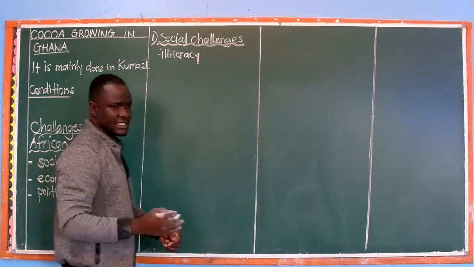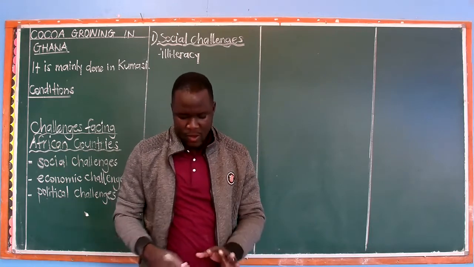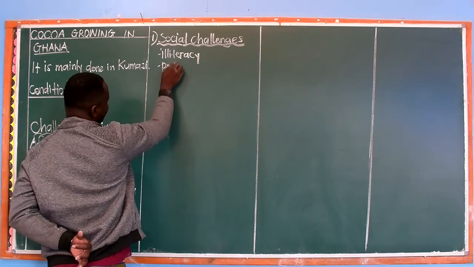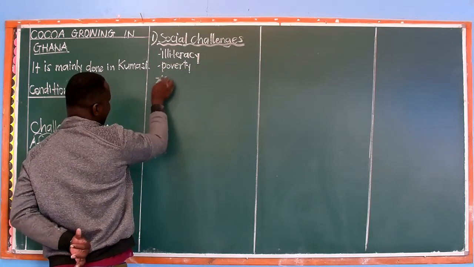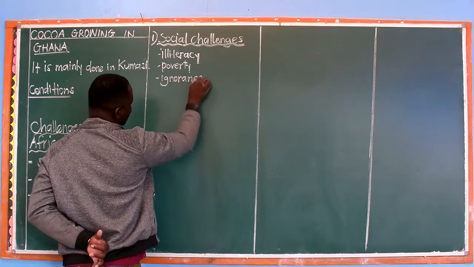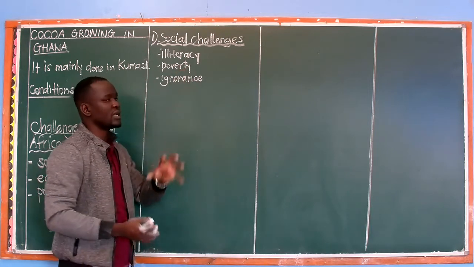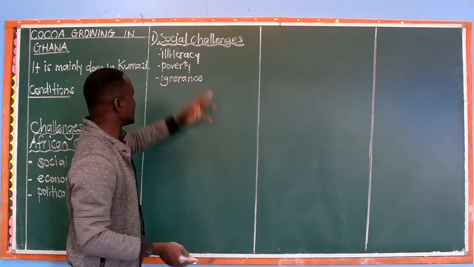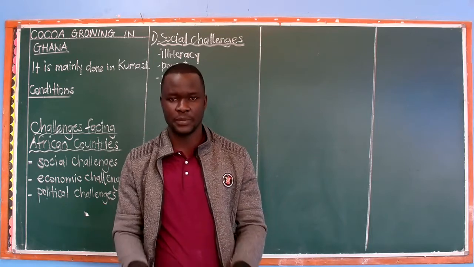That is our first challenge in that line. We have poverty in Africa facing the people. We have ignorance of people. Ignorance meaning people do not know what they are supposed to do. Poverty, we are looking at people being poor. And then illiteracy, we are looking at people not being educated.